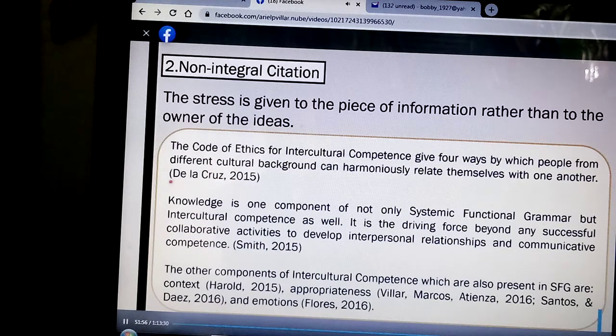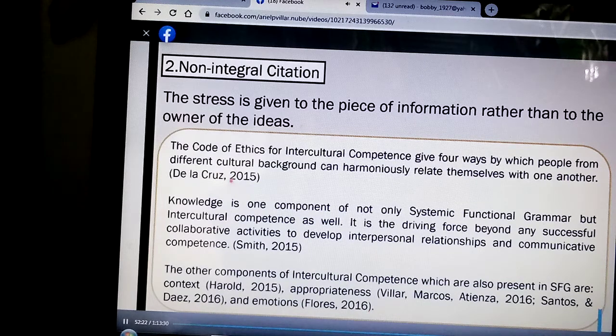And if you observe the format of the non-integral citation, the apelyido po ng author is inside already the parenthesis. Okay? And the non-integral citation is at the ending part of the paragraph. Yan, nasa dulo siya. Okay?